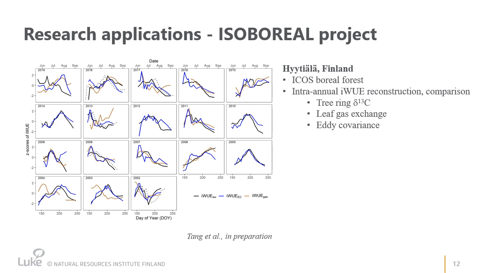These series are compared to intrinsic water sufficiency reconstructions from leaf gas exchange and from eddy covariance data for the different years. Shown here is the orange and blue series. This study showed general good agreement between the tree ring reconstructed intrinsic water sufficiency and the reconstructions based on the instrumental data.